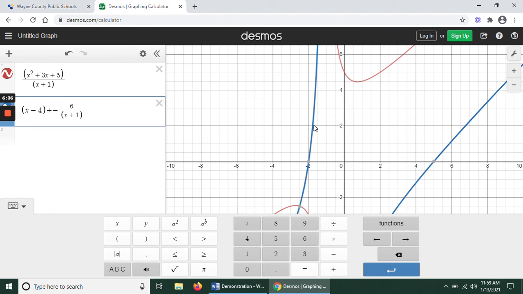Now notice that the graph for the expression that I just entered is the one in blue. The graph in blue is different from the one in red. What that says to us is that A is not the answer, because the new graph is different from the original graph.